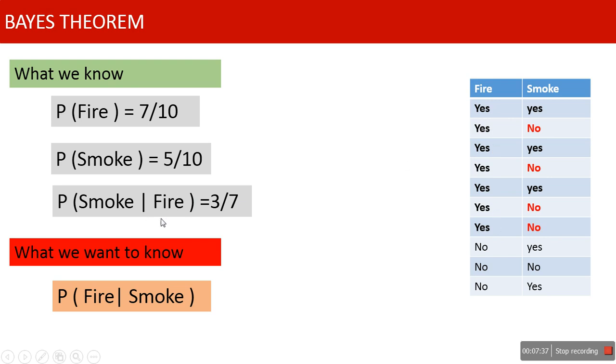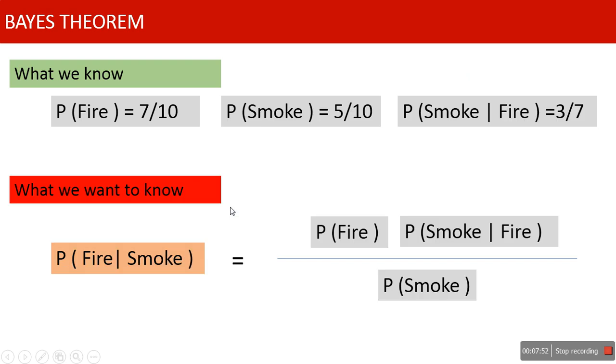Out of these 7 records, how many times was there smoke? There are 1 2 3, 3 times there was smoke. So this probability will be 3 by 7. Now we apply Bayes theorem and put all these probabilities here. This is the way we can compute the probability of fire given smoke.